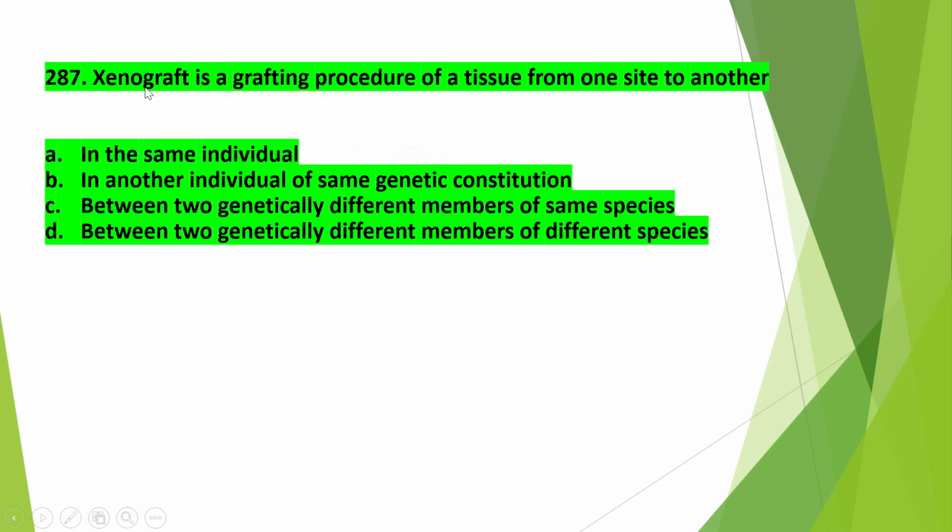So next question is: xenograft is a grafting procedure of a tissue from one site to another in the same individual, or in another individual of the same genetic constitution, or between two genetically different members of the same species, or between two genetically different members of different species? The right one is option D. So xenograft means grafting between two genetically different members of different species.